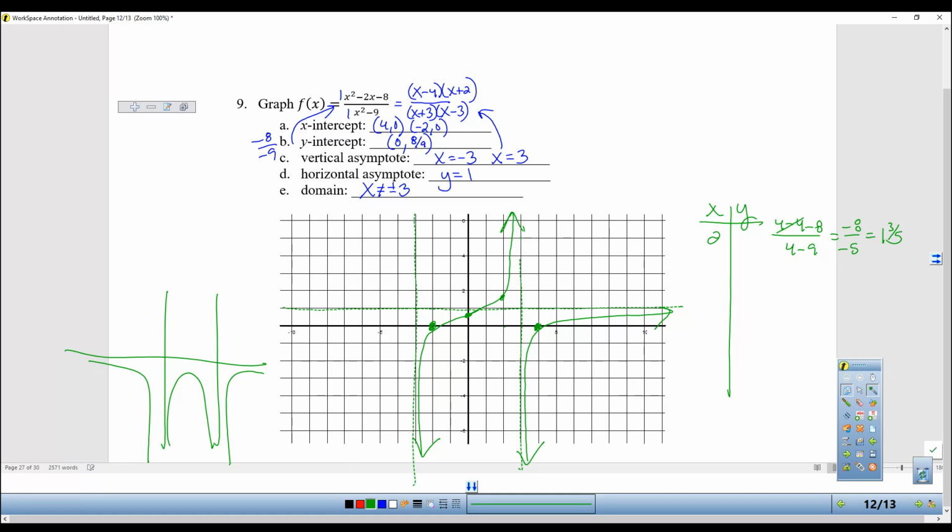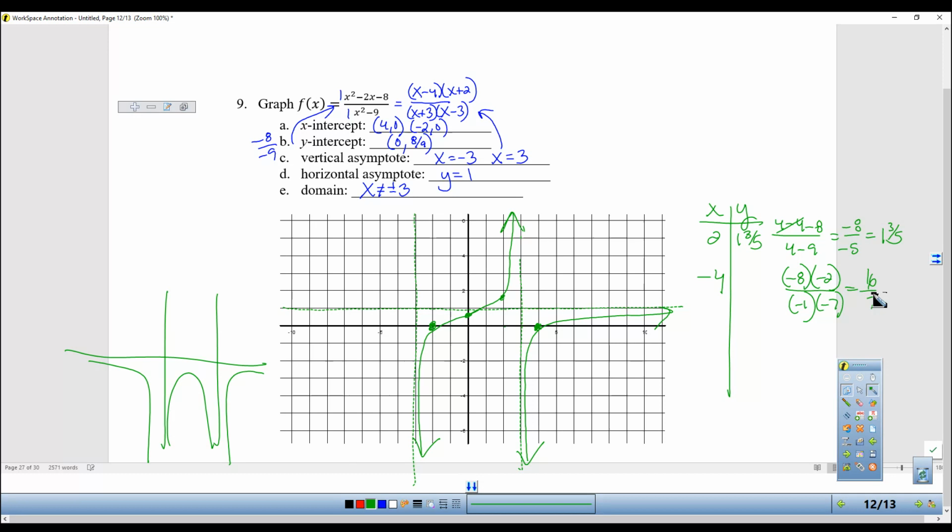Okay, 1 3/5. Now I still need something over for this branch. None of my points gave me this branch. So I'm going to use negative 4. And just to show you, if you choose to do it in the factored one, negative 4 minus 4 is negative 8. Negative 4 plus 2 is negative 2. Negative 4 plus 3 is negative 1. And negative 4 minus 3 is negative 7.